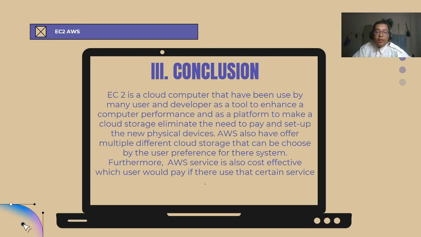Furthermore, AWS service is also cost effective, as users pay only if they use certain services. So basically EC2 is a virtual machine that users and developers can use as a tool to enhance their computer performance, using the AWS platform set up by Amazon.